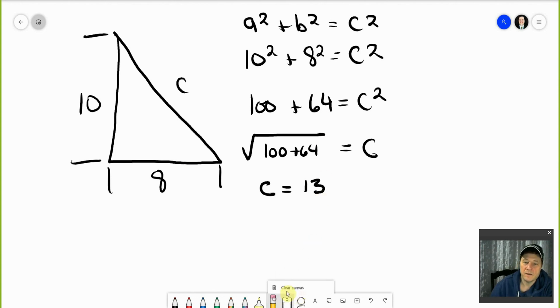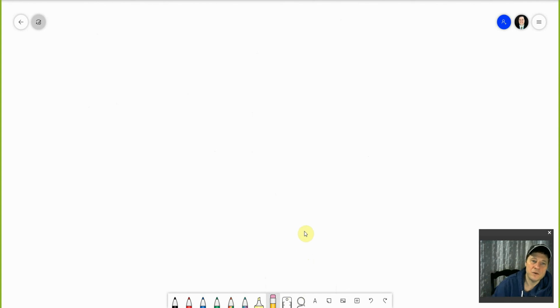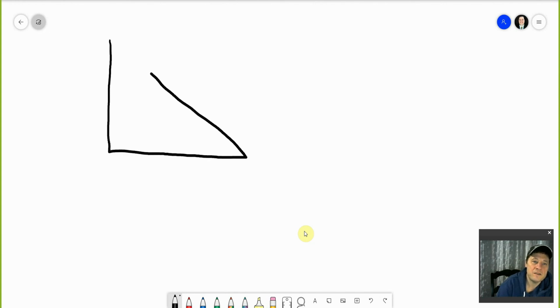Let's do a second example, but let's do one real quickly on solving for a side other than C. So here's our triangle, right angle. The length of C, we'll say, is 20. And we'll say this length here is, let's say, 12. We'll keep everything nice and even and simple. Okay.